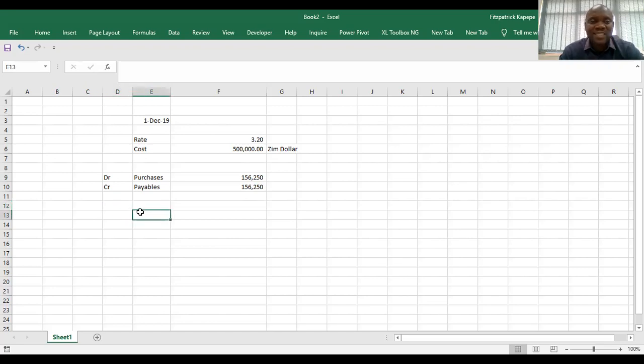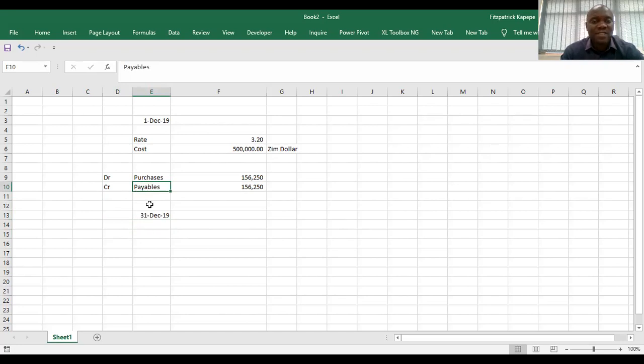Then at the end, what is going to happen? On 31st December, guys, we are just revaluing. So we expect that payables will be revalued, right?